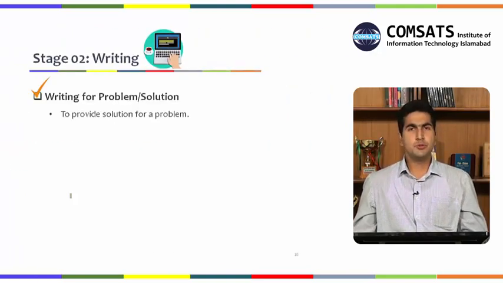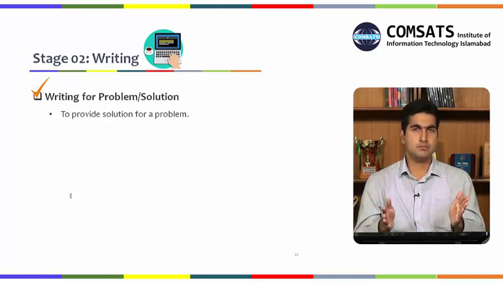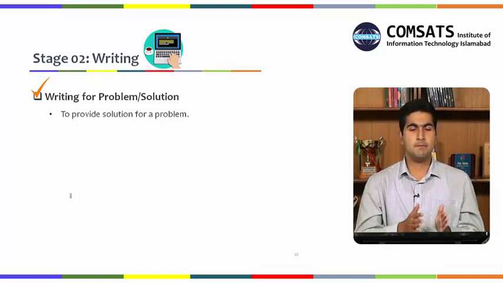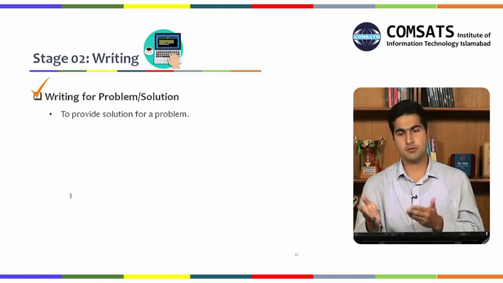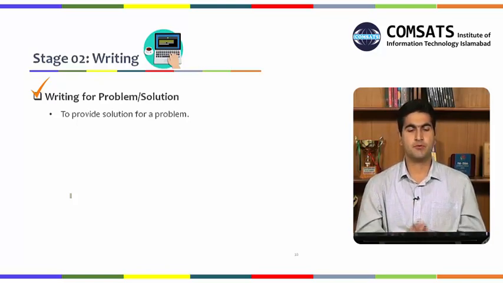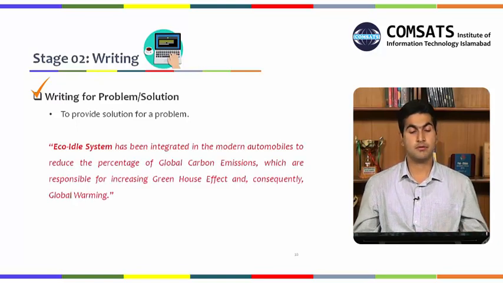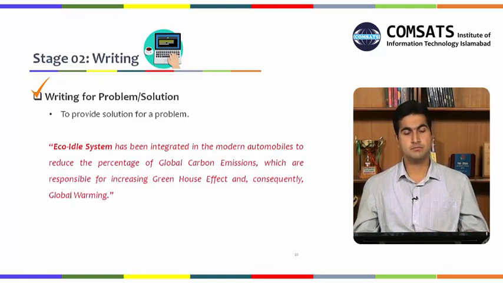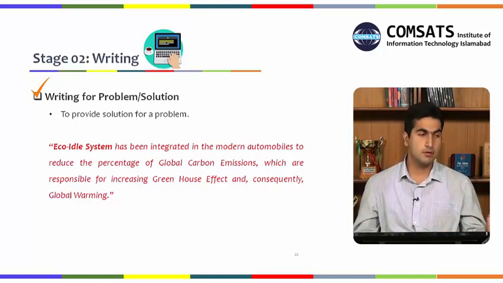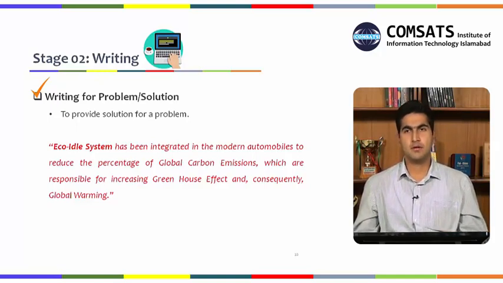Writing for problem and solution. There is a problem which you're going to define, and then based on this problem you are going to talk about a solution. This is the mode of writing that you will be using. Talking about this example once again, in the eco-idle system, eco is from environment. It is the new system introduced in new automobiles, because of which the mileage has increased and, secondly, there are fewer carbon emissions.